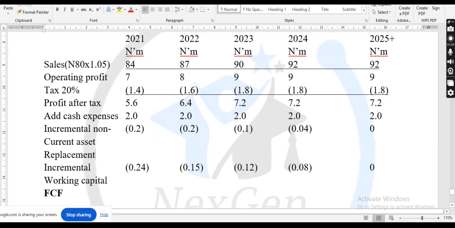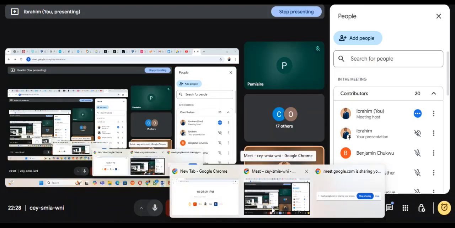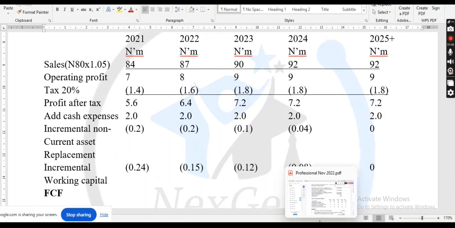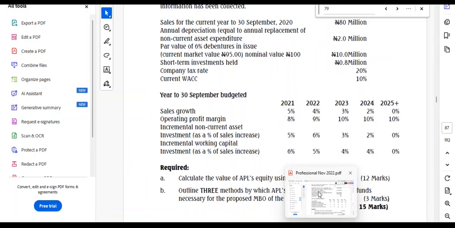The person that asked the question, do you get that? Yes. Okay. So, replacements. What is the replacement given to us? It will be equal to annual replacement, which means your annual depreciation will be equal to your annual replacement.